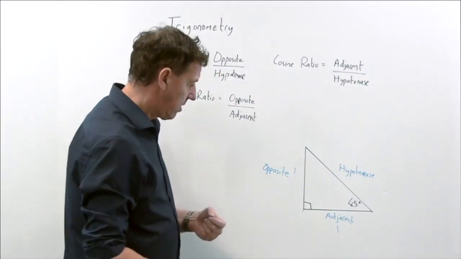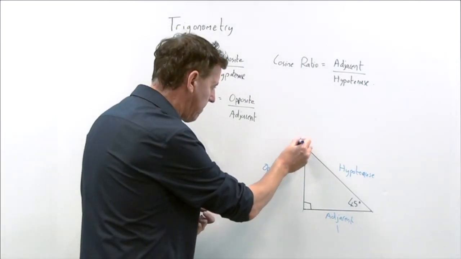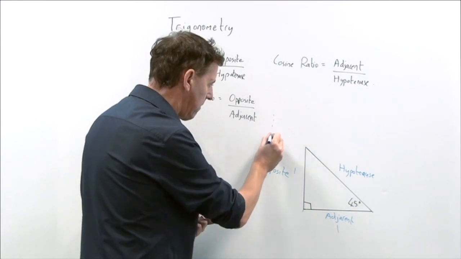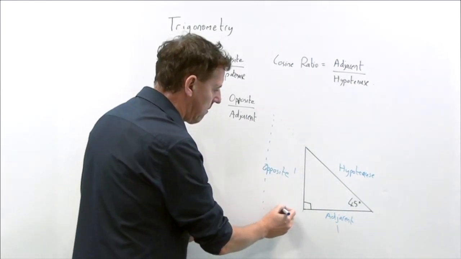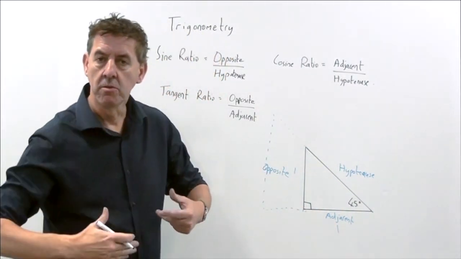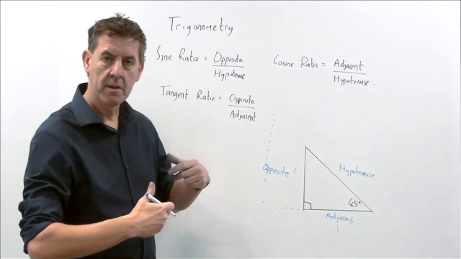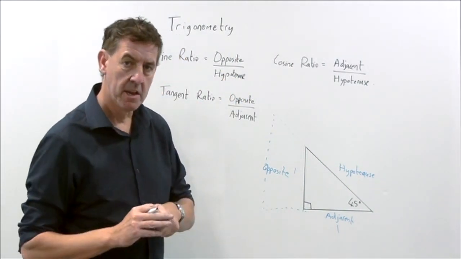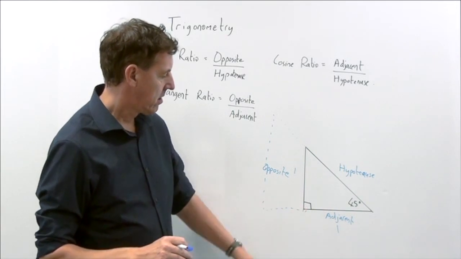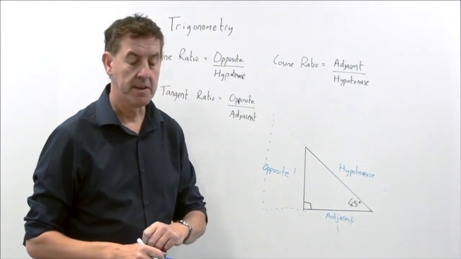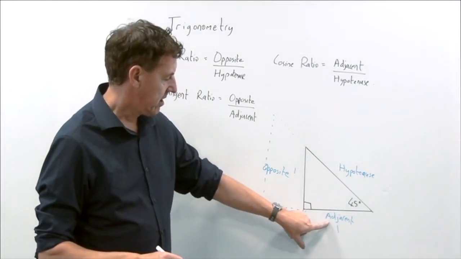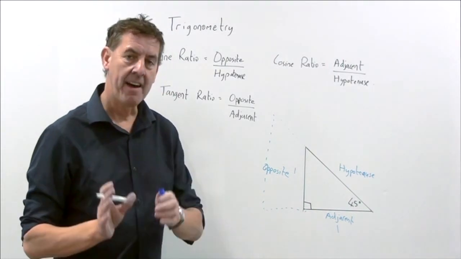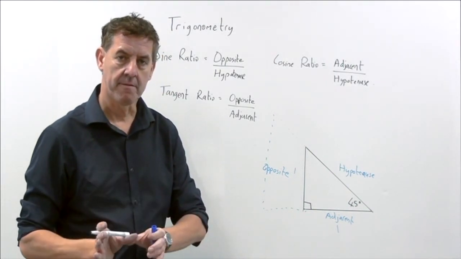What you could do is you could expand this diagram and make these sides 2 and 2, or 3 and 3, or 4 and 4, or 5 and 5. But I guarantee you're going to make a right angle and you come off at 45 degrees, that adjacent side and that opposite side have to be the same length.